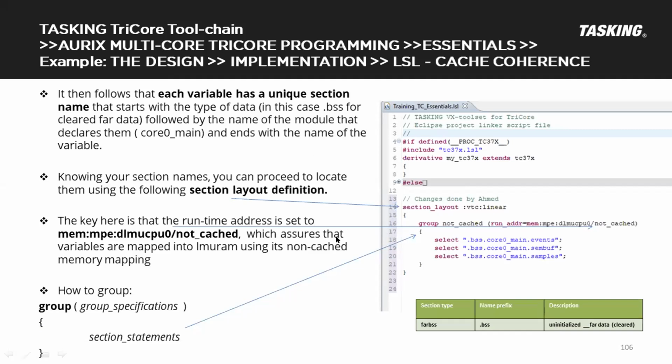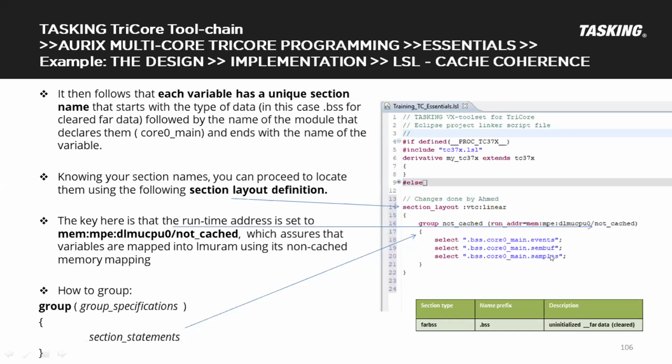In this case, I want to make certain grouping for certain variables. As you remember, we already defined 3 data objects: event, semaphore, and this circular buffer. So these are the 3 elements that we already defined in our application.